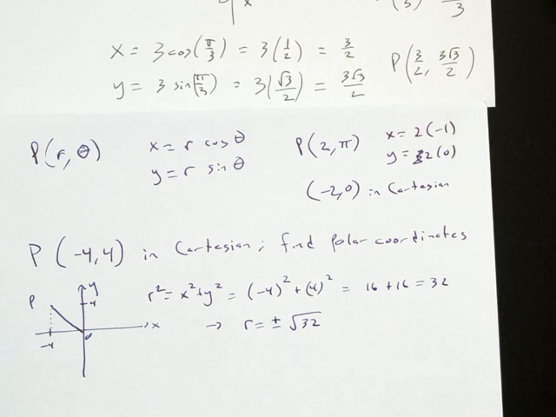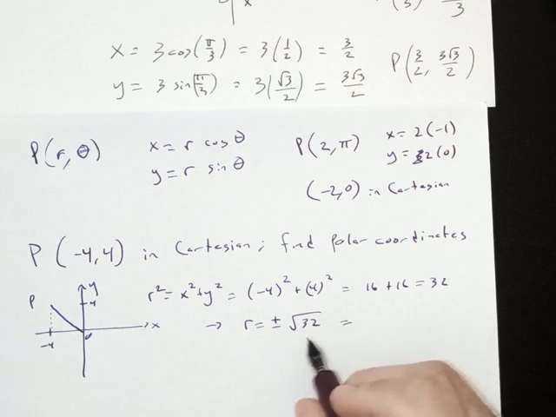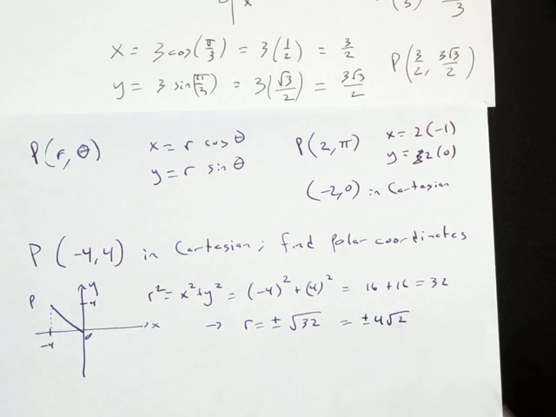I can decide to use a positive r or a negative r. It is up to us. By the way, I could simplify this square root because 32 is 2 times 16. Square root of 16 is 4. You don't have to. You can leave it square root of 32. I'm not going to object at all.